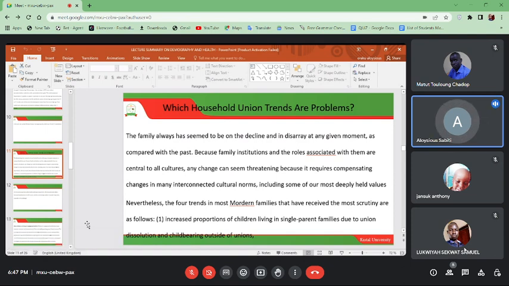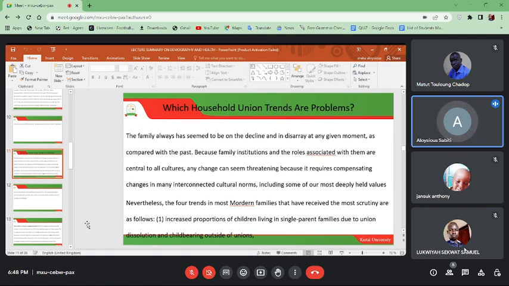You realize family is based on our cultural norms. However, when you look at the changes that are occurring today, it becomes a threat because it means that there is going to be a cultural shift. It means that our interconnected cultural norms related to family are deeply going to be affected, because our cultural norms and values are going to shift as a result of these shifting modern families.